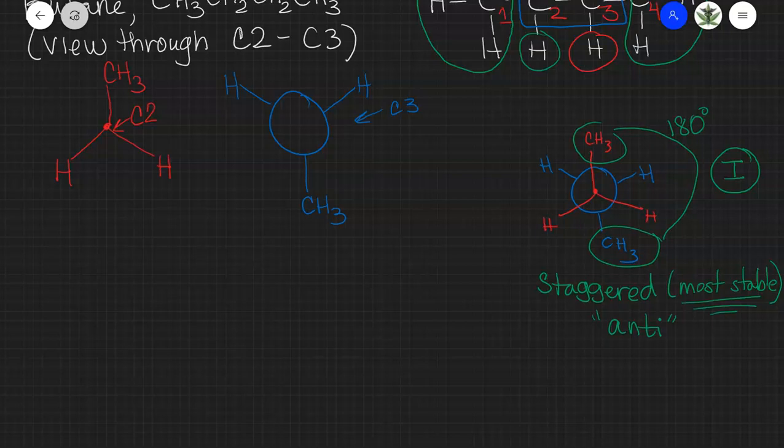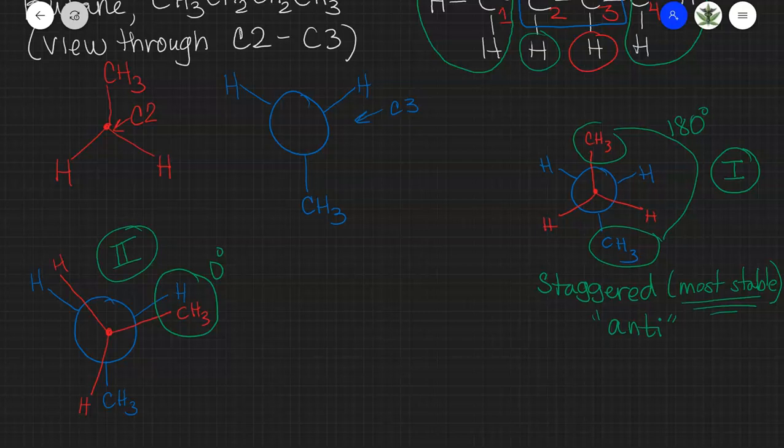If I take that back carbon and I leave the back carbon how it is, and I take the front carbon and I rotate my front carbon, and you'll notice I have about 0 degrees here. So we're going to call this our second structure.